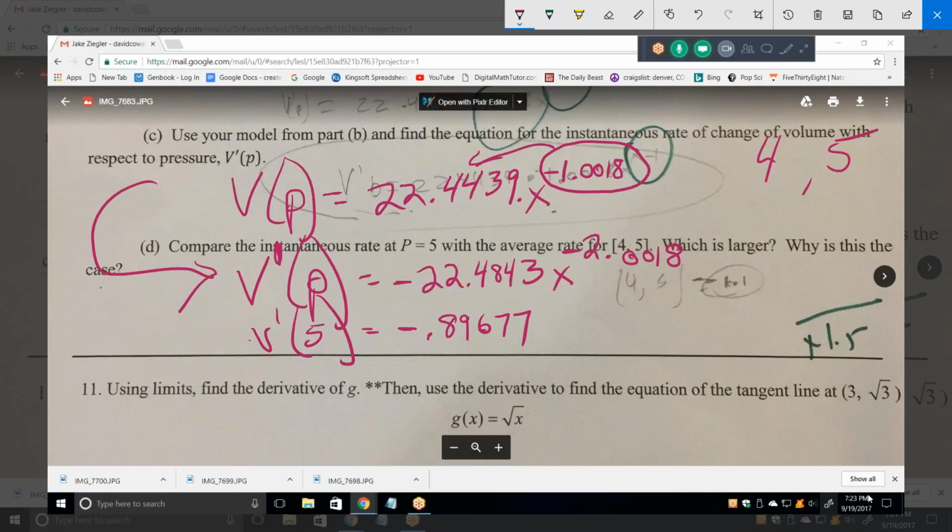So we went 4.5 minus 5.6 divided by 5 minus 4. Is that correct? At 5, it was 4.5. At 4, it was 5.6. Okay. That gives us negative 1.1.